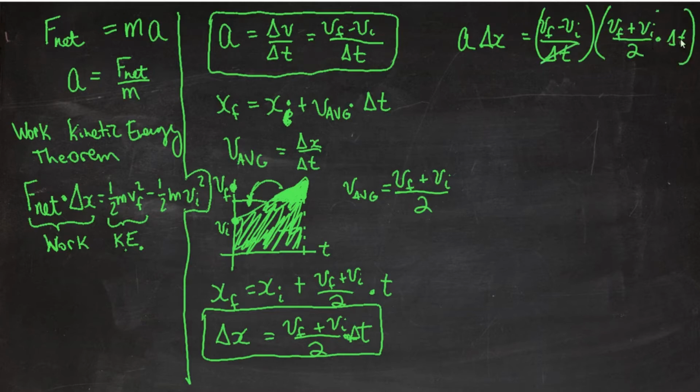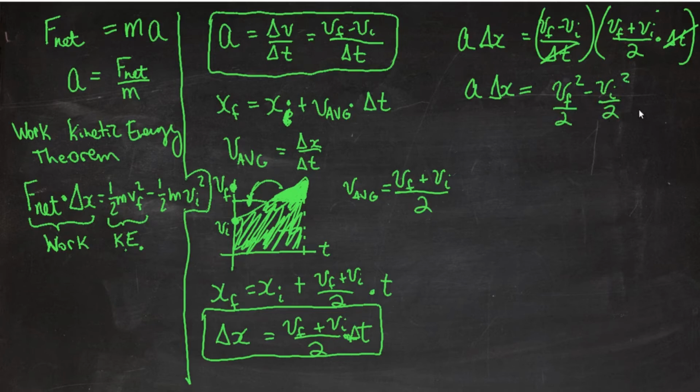So my delta t's cancel, and now I have something with no time in it, which I really like. Time is always algebraically complicated to deal with. And now I've got V final minus V initial and V final plus V initial, and I recognize that's how my differences of squares factor, so I know this is V final squared minus V initial squared. And don't forget this too, V final squared over 2 and V initial squared over 2.